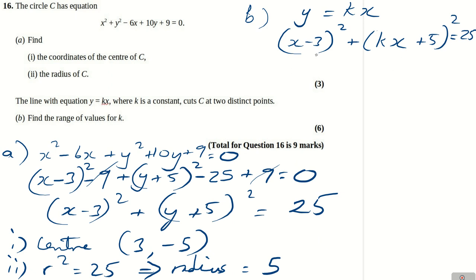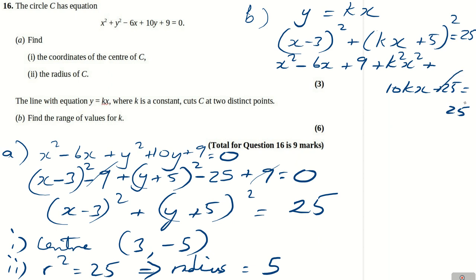Now if I multiply this out, I get x squared minus 6x plus 9 plus k squared x squared plus 10kx plus 25 has got to equal 25.